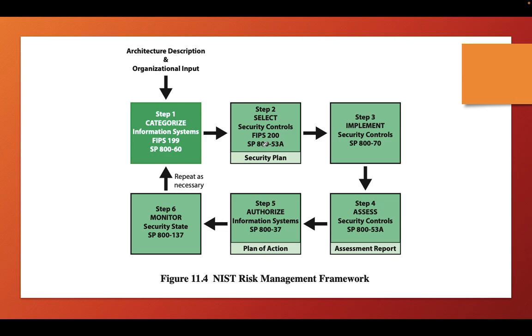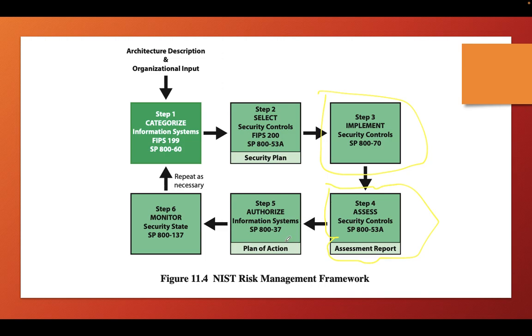Your step 4 is your assessment report, which is to assess your security controls. After you implement your security controls in step 3, you have to assess them in step 4 to see whether they are working properly. Your step 5 is to authorize the information system.